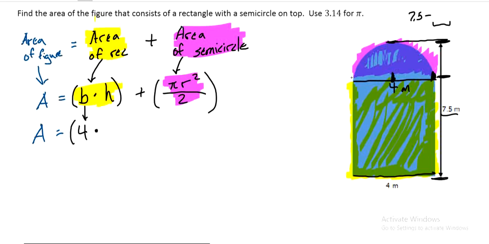Since I know all the way across is 4, I know halfway across is 2. So the distance from the top of the rectangle to the top of the semicircle is 2. So this missing distance is 2 right there.